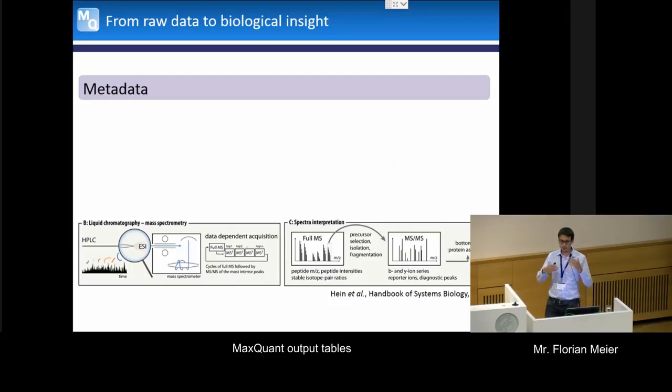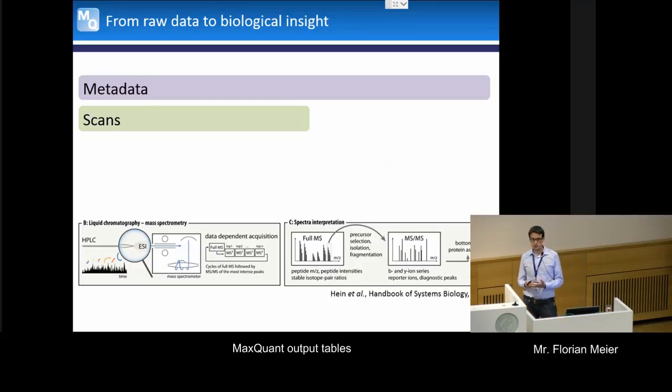So we have different levels of our experiment. The first level is the metadata. This is very general. It gives you a rough idea about what you did, like all the general parameters. Then, more on the mass spectrometry side, there is the level of scans. This is actually what the mass spectrometer acquires: MS scans and MS-MS scans.